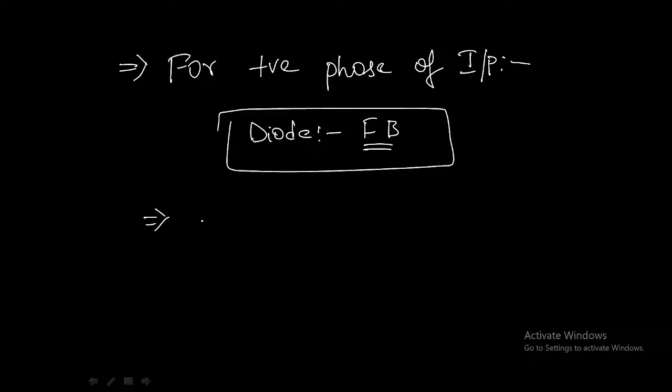Whereas for negative phase of input, the diode will be in reverse bias condition.